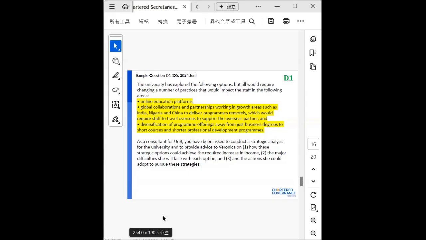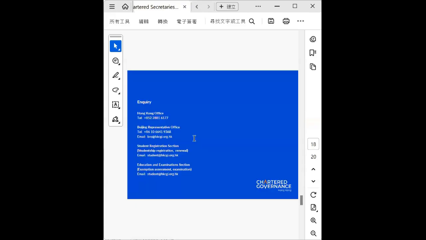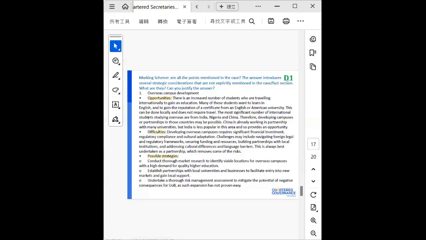That actually tests your ability to interpret the facts and apply them creatively. So that makes the question more difficult to answer. But don't worry if your answer does not coincide 100% with the marking scheme. So long as you give reasonable answers, marks will be given. So that's it for section D, which is a short section.